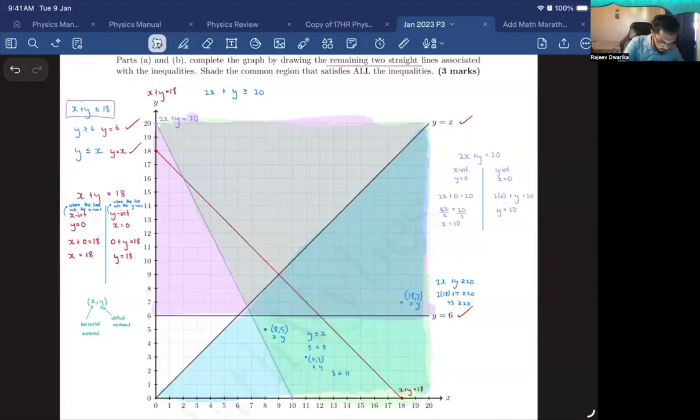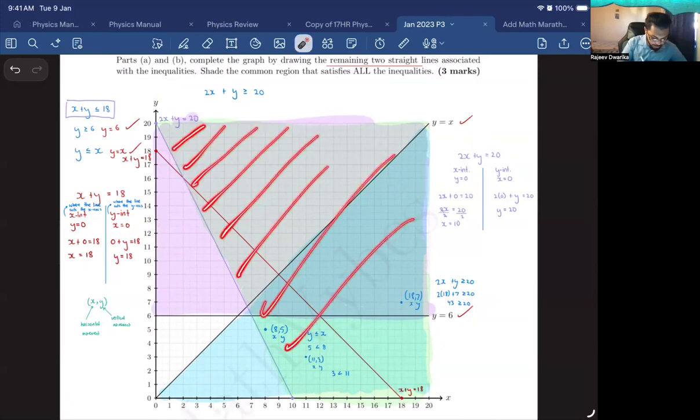We did not do that one yet. So if it's less than 18, I need you to figure out where you want to shade. Would you want to shade over here or over here? We need to pick our test point.